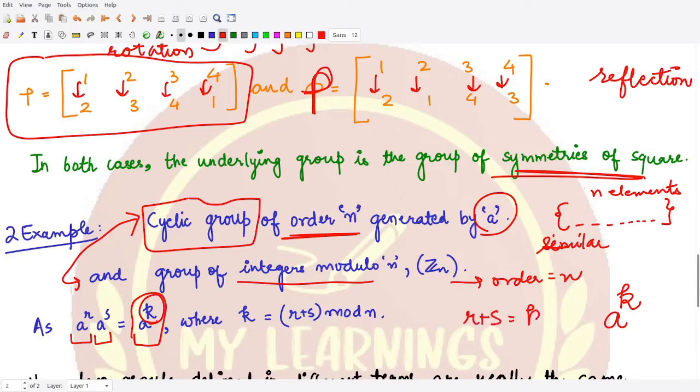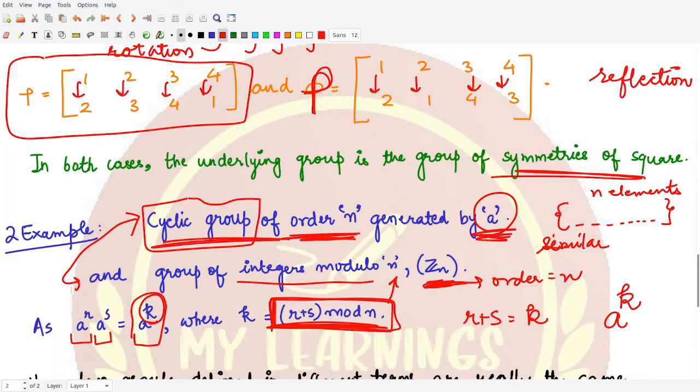However, now we take it mod n, because we have only n elements in our group. So this operation is similar to that which we perform in the group of integers under addition modulo n. So the group Zn and the cyclic group of order n generated by a are similar to each other.